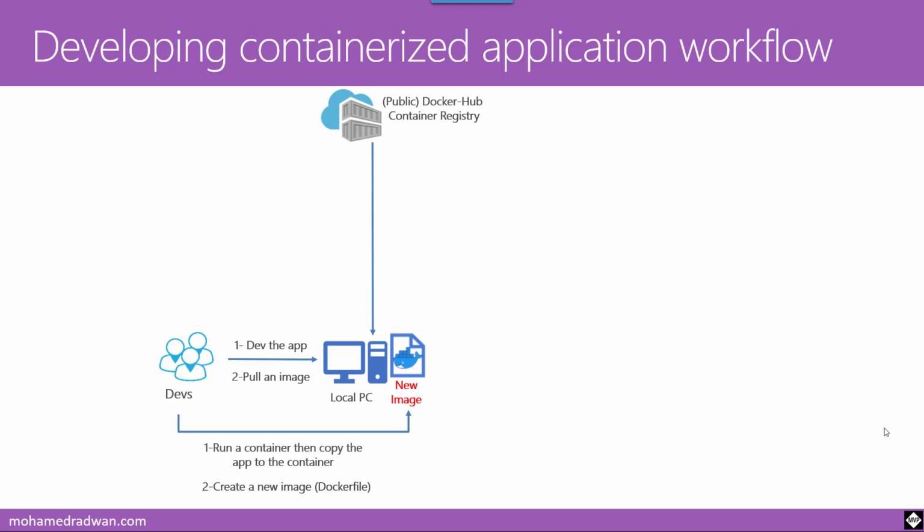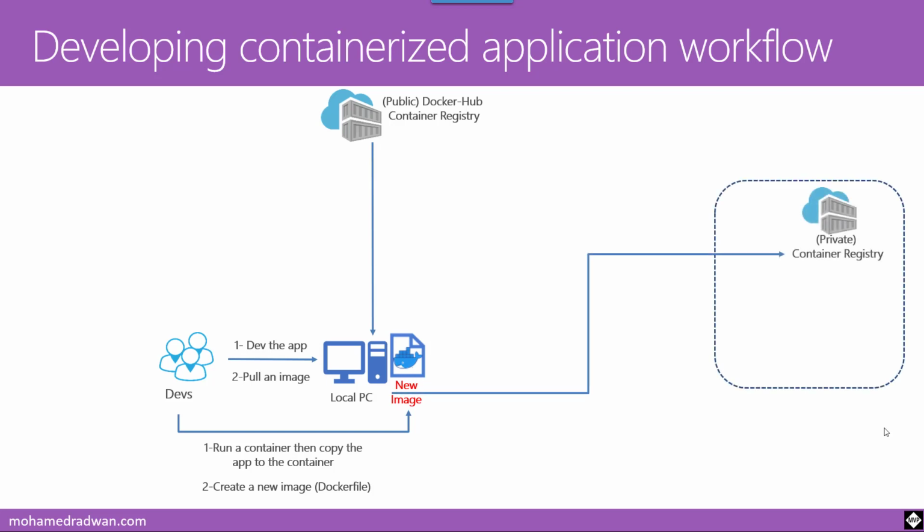Once they commit the changes as a new image, now I have the new image on my machine. So now I have two versions of this image: the first image that I pulled from the Docker registry, and the new image including my application that references the previous image.